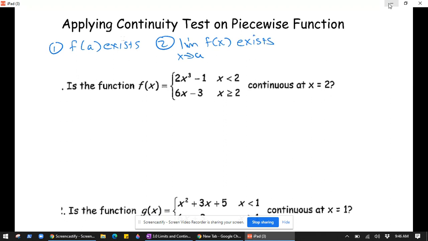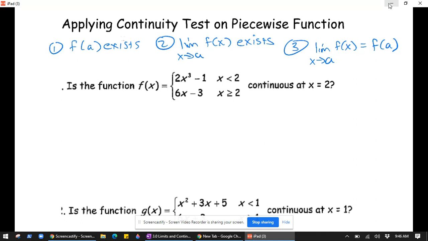Okay, and then the last thing we need is that those things agree. So they do need to exist and also agree. So we need that the limit as x approaches a to equal the value there. All right, so as we analyze these piecewise functions, we're just going to bring out the aspects of this test to analyze these functions.